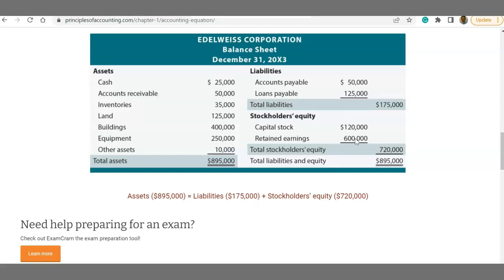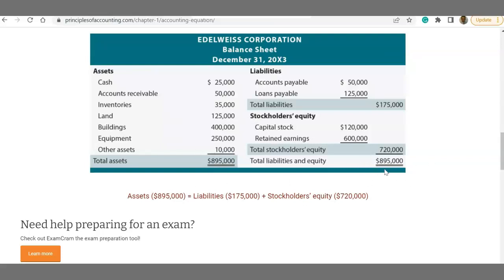The future use might be paying more dividends or buying new equipment, anything they want to do with the retained earning in the future. And then that ends up to be 720 if you add them up. And then add up liabilities plus equity, which is 175 plus 720, ends up to be exactly 895, dollar sign, double line. And as you see, your assets are equal to your liabilities plus equity.